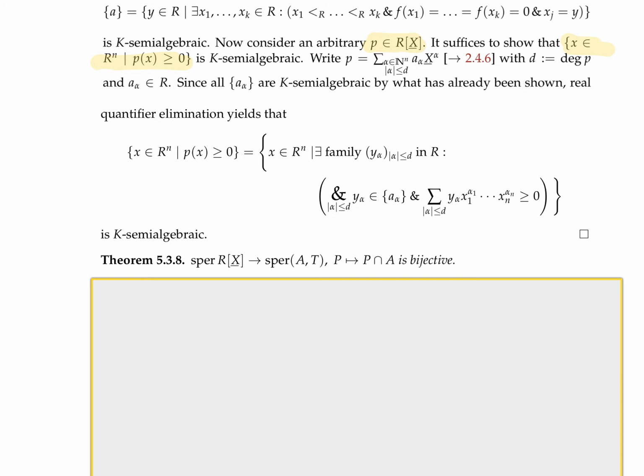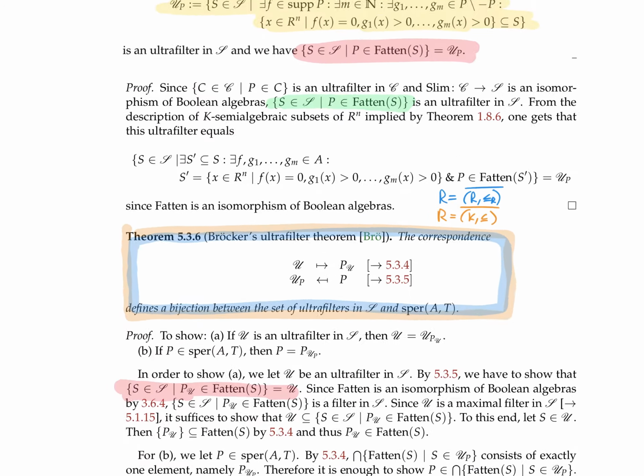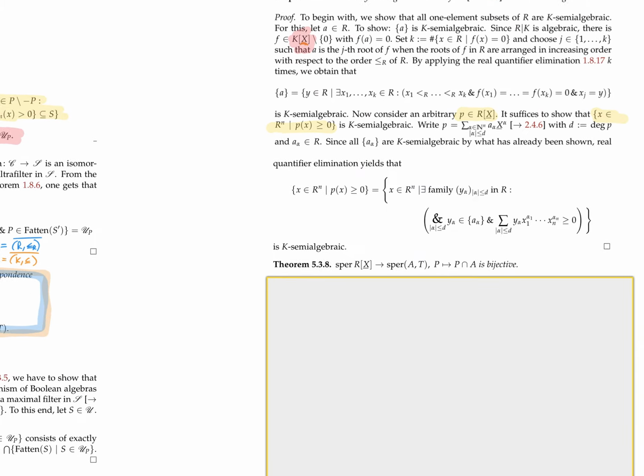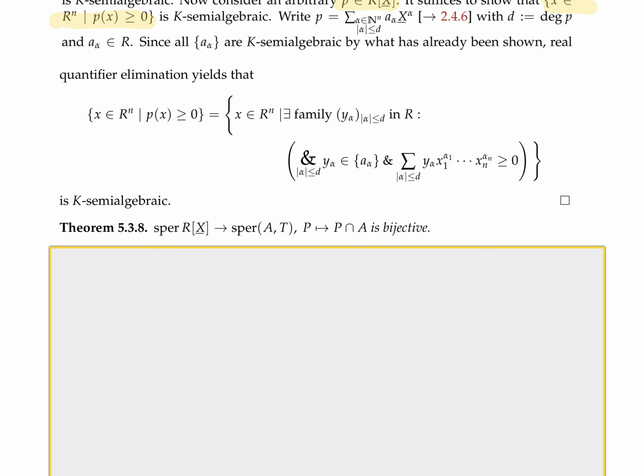And now we just have to check that the map induced by these two applications of Brocker's ultrafilter theorem is exactly this natural map. One would guess so, of course, but let's verify it. And that this map is bijective doesn't seem obvious.